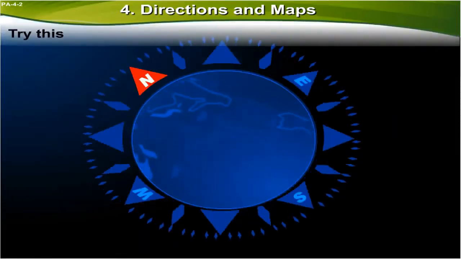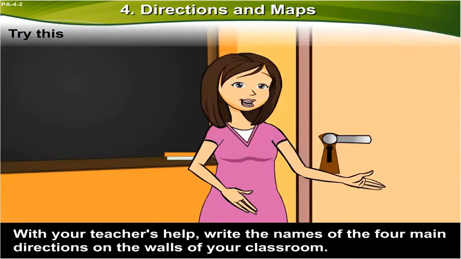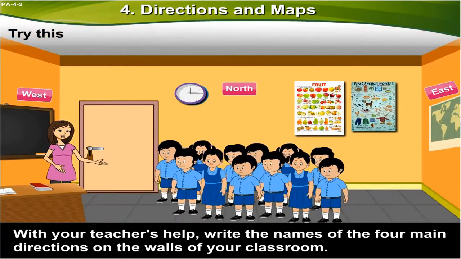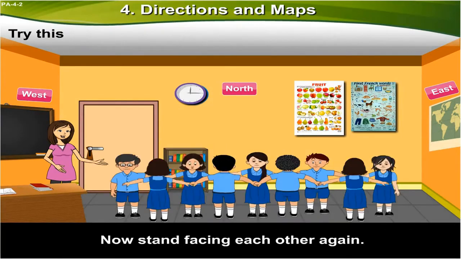Try this. Now we will use directions to find the answers to the same questions. With your teacher's help, write the names of the 4 main directions on the walls of your classroom. Now, stand facing each other again.